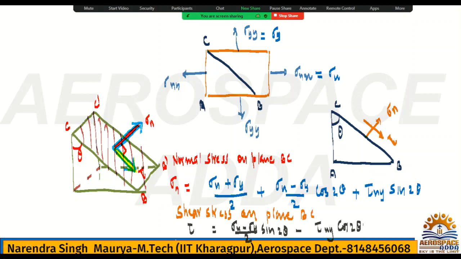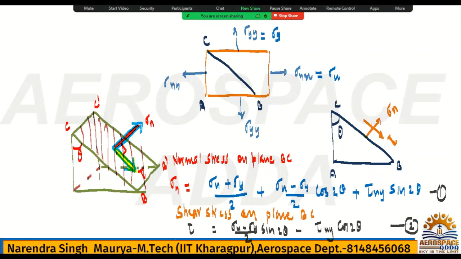This formula, both formulas I am saying, formula number 1 and formula number 2, are valid only for the given elements. If I say given elements, in the sense for this sigma x, for this sigma y, for this tau xy value, for this theta value.